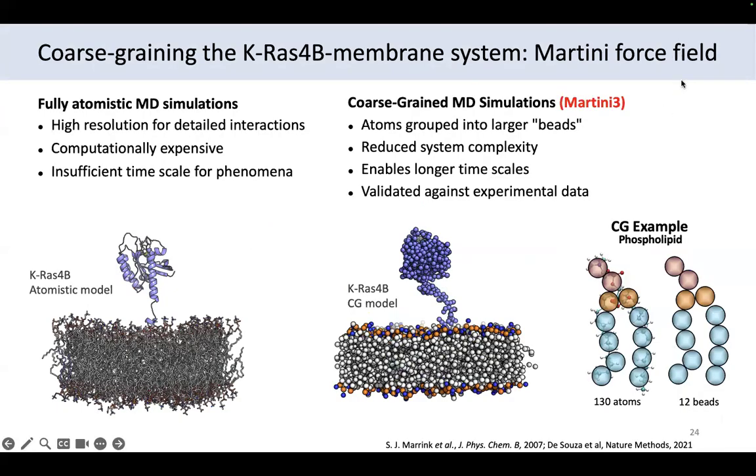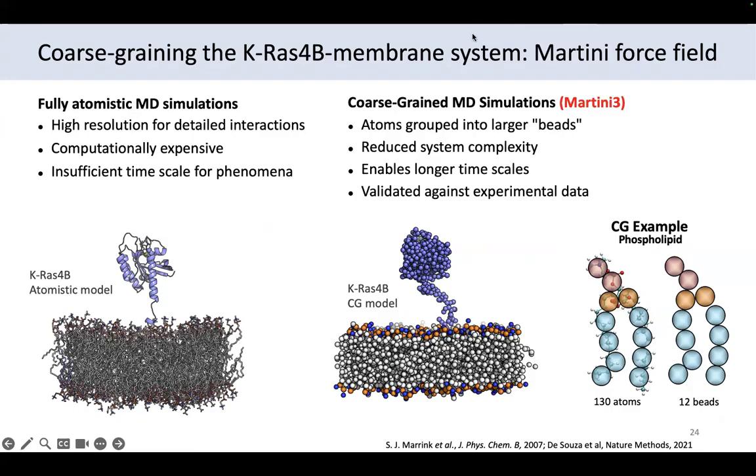And then we turned to coarse-grained simulations, which is a method where you can achieve a more efficient sampling, because our goal was to overcome the free energy barriers and to go to another minimum, trying to simulate the most preferable conformation of the KRAS dimer on the membrane.